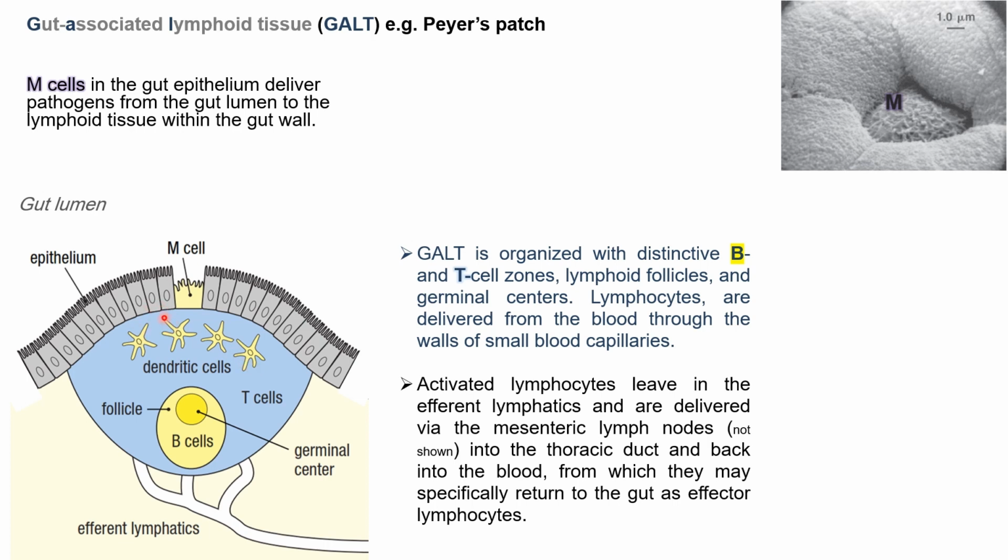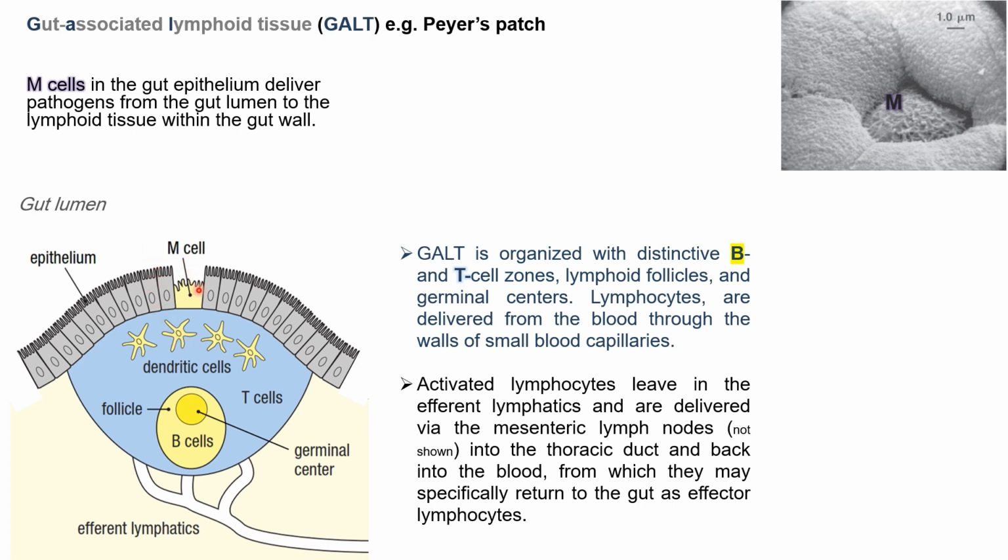So they're actually able to physically poke out a little finger here and pick up and collect antigens which are floating around in the gut lumen, and then they're able to pull those back in and present them.